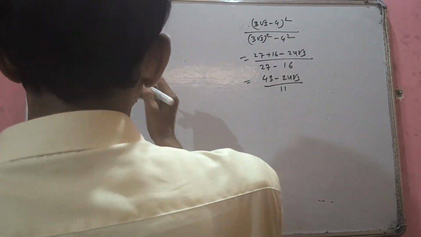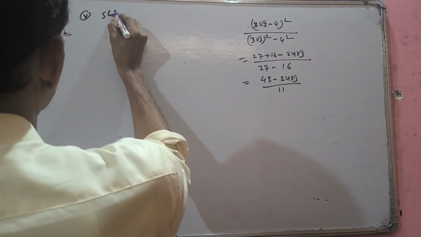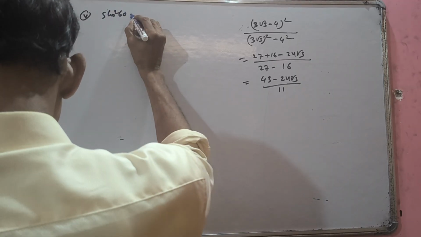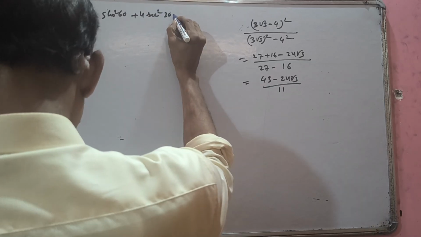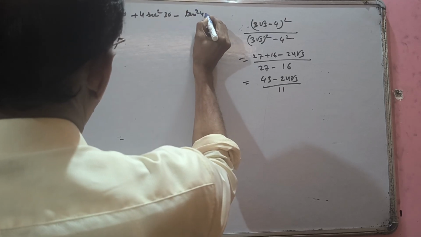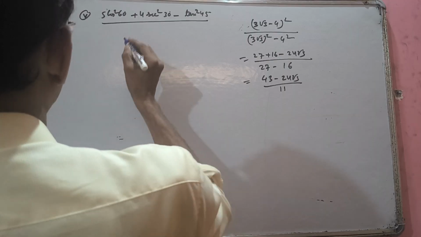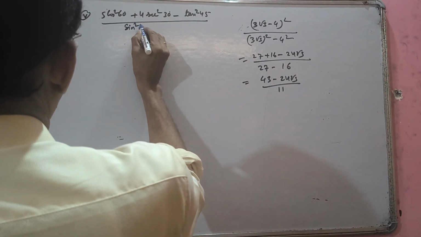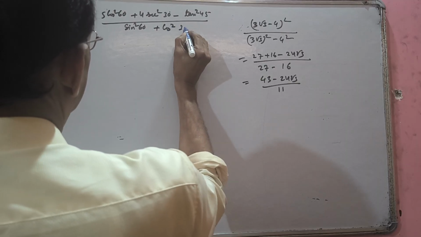Now number 5. (5 cos² 60° + 4 sec² 30° − tan² 45°) by (sin² 60° + cos² 30°).